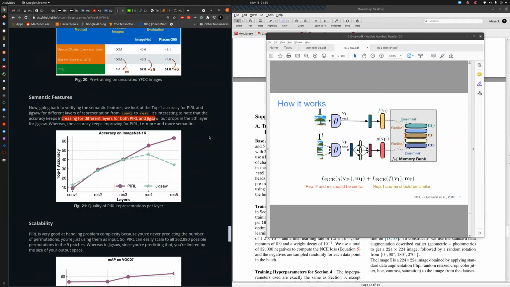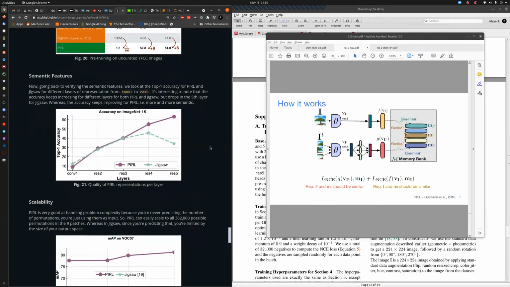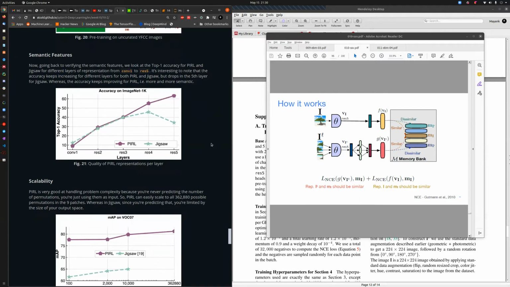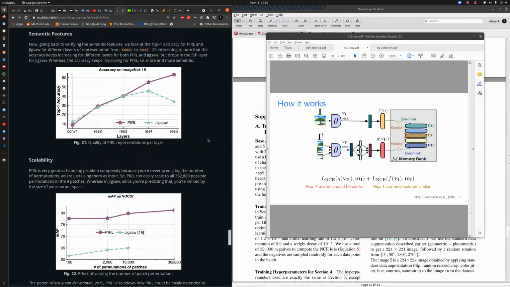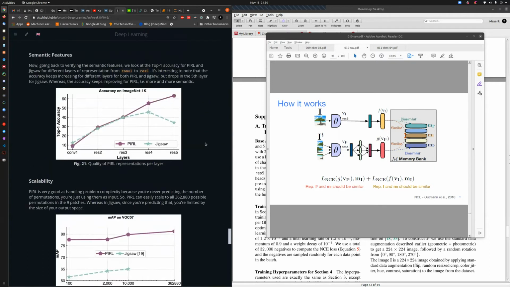So this is the quality that's being represented. So yep, you can see the results with respect to the architecture, because they have used negative sampling to a bit of the gradients here, I think.